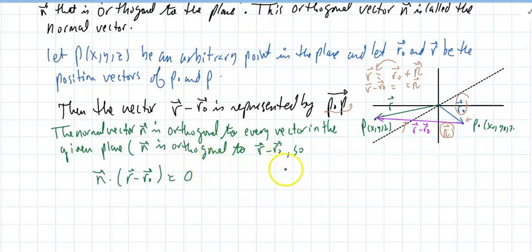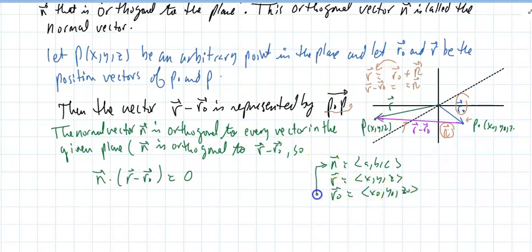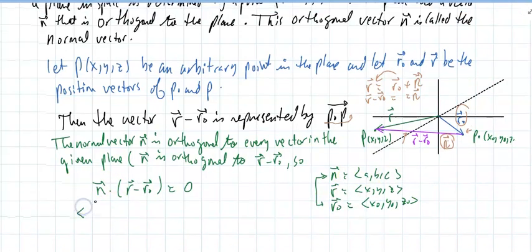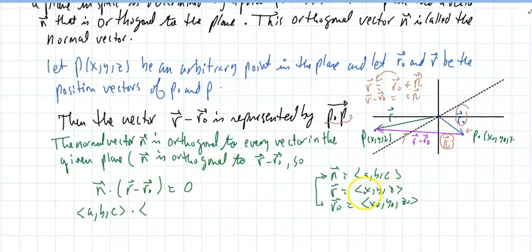Right? Remember, I'm going to let n equal a, b, c all the time, the vector. And r is really x, y, z. And r sub 0 is x sub 0, y sub 0, z sub 0. So if I take n and write it as a, b, c, and I dot that with r minus r sub 0, the difference of those, isn't that x minus x sub 0, y minus y sub 0, and z minus z sub 0 equals 0?